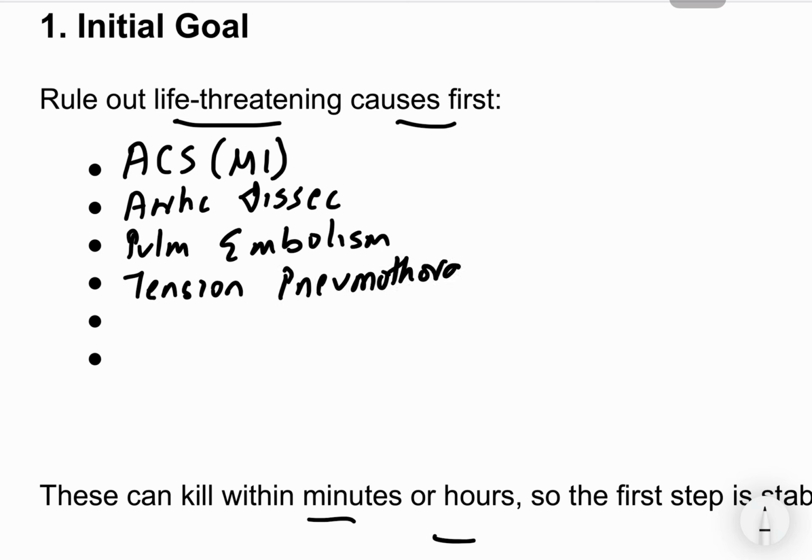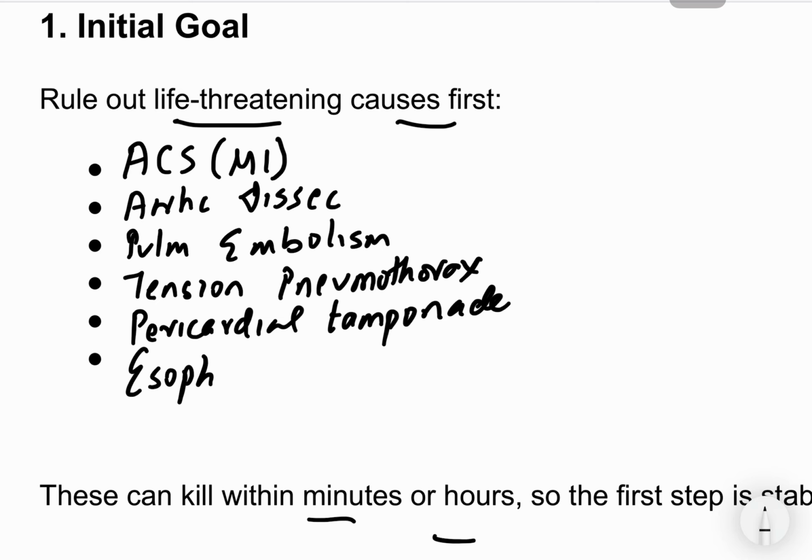Pericardial tamponade. Esophageal rupture, also known as Boerhaave syndrome.